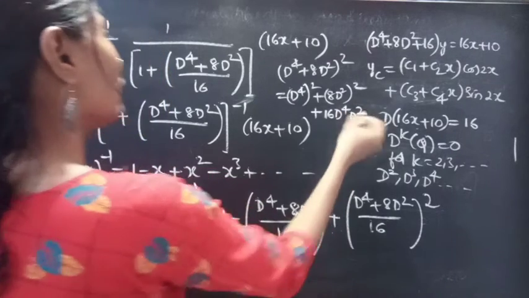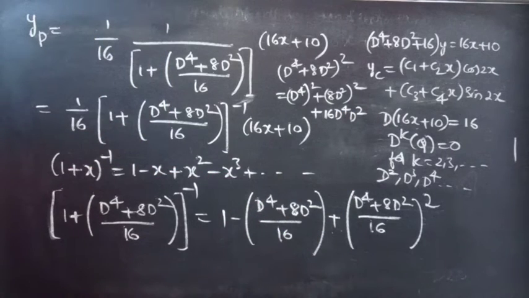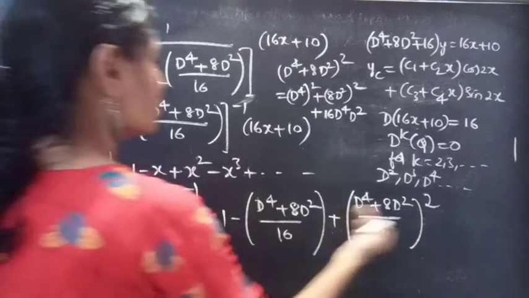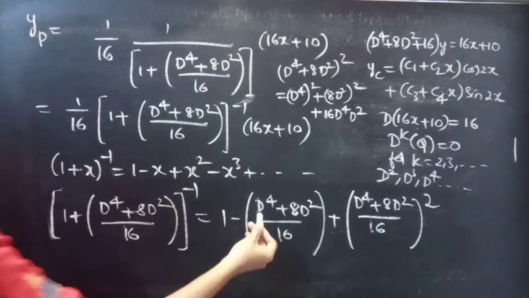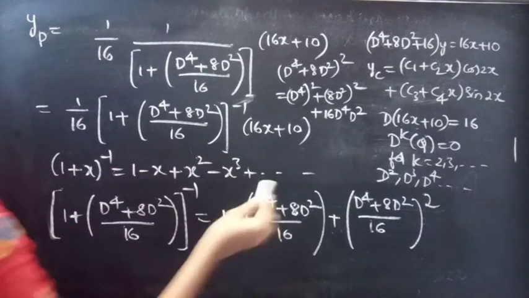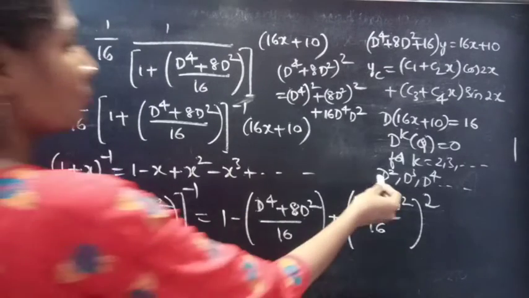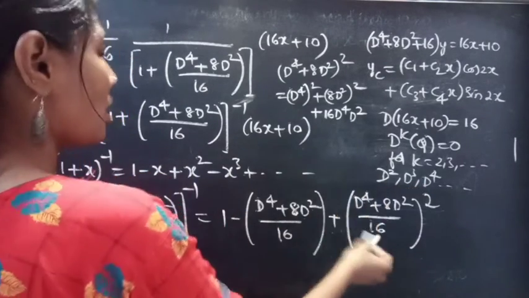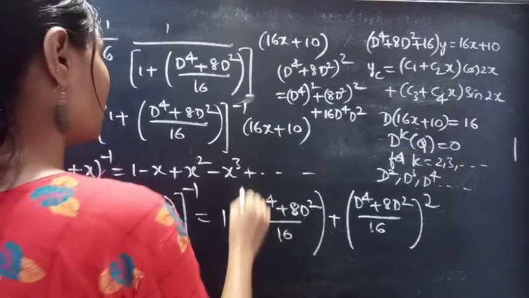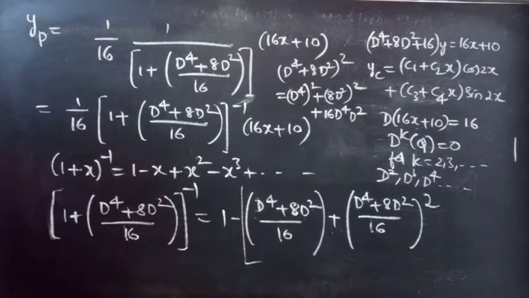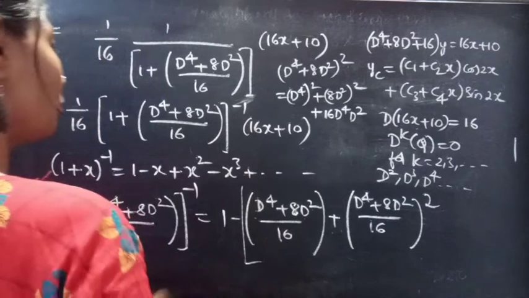We'll get higher powers, so we can neglect these terms, because here you are having D power 4 and D square. Since D square, D power 4 appears, higher terms from D square, D cube, D power 4 appear in all the terms from here. So we can neglect these terms also.